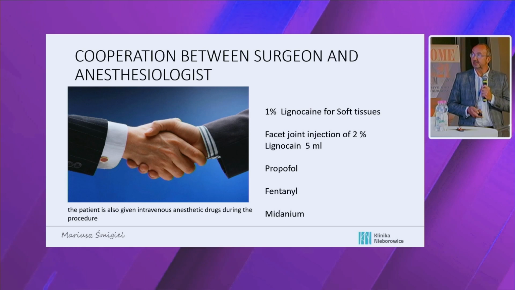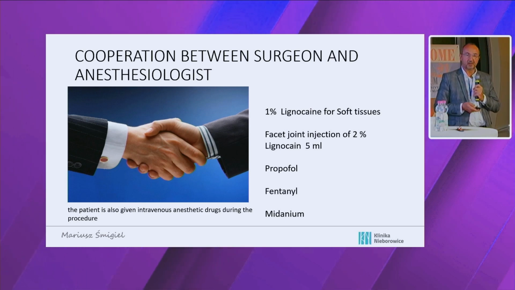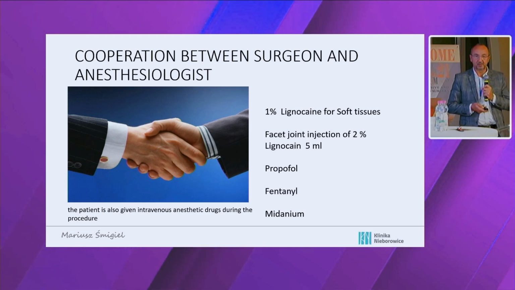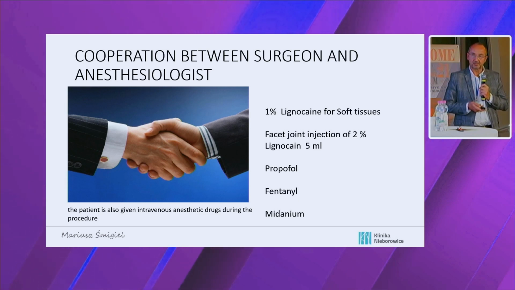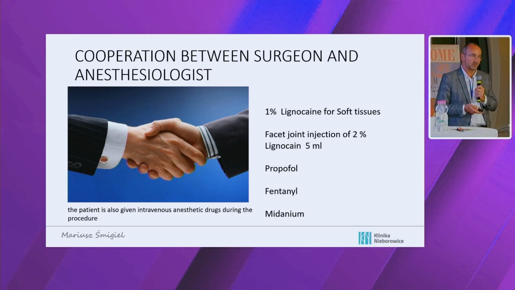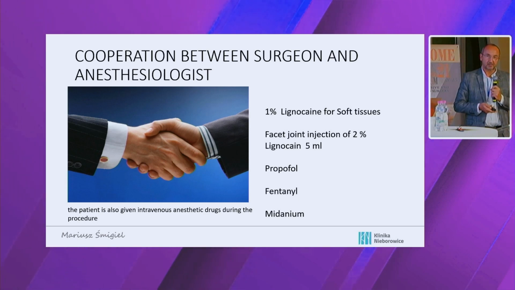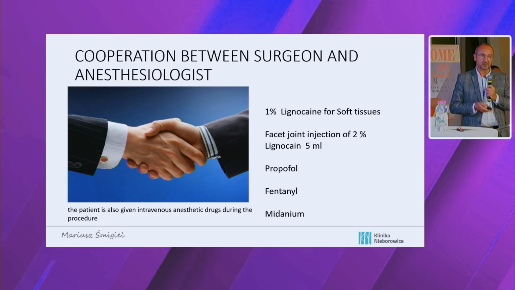Proper anesthesia. Usually I do surgery in analgosedation. So for the soft tissues I use lignocaine, for the facet joint 2% lignocaine. But important is cooperation with anesthesiologists. And anesthesiologists use propofol, fentanyl, and midazolam.